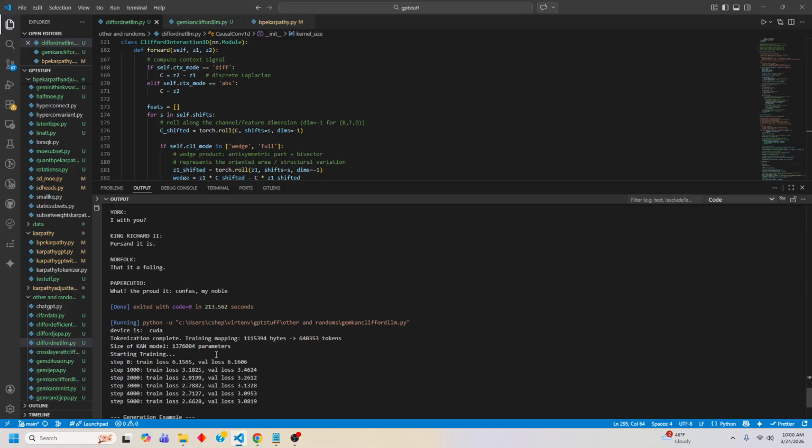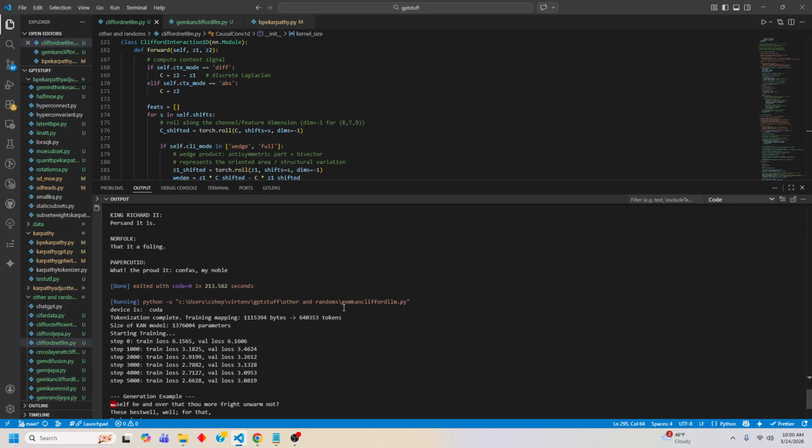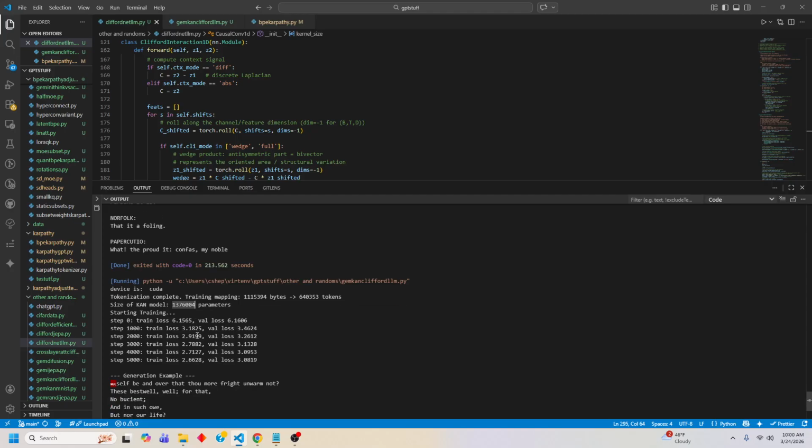And then last, what I did was use the Kolmogorov-Arnold network along with the Clifford net style stuff. It's definitely bigger, and I should have adjusted for that, but at 1.3 million parameters it gets all the way down to 2.66 with a 3.08 validation loss.